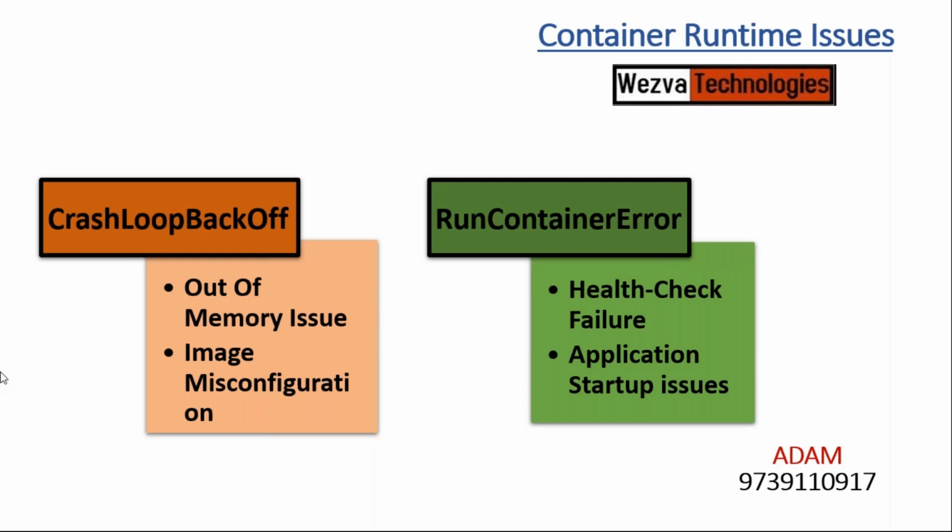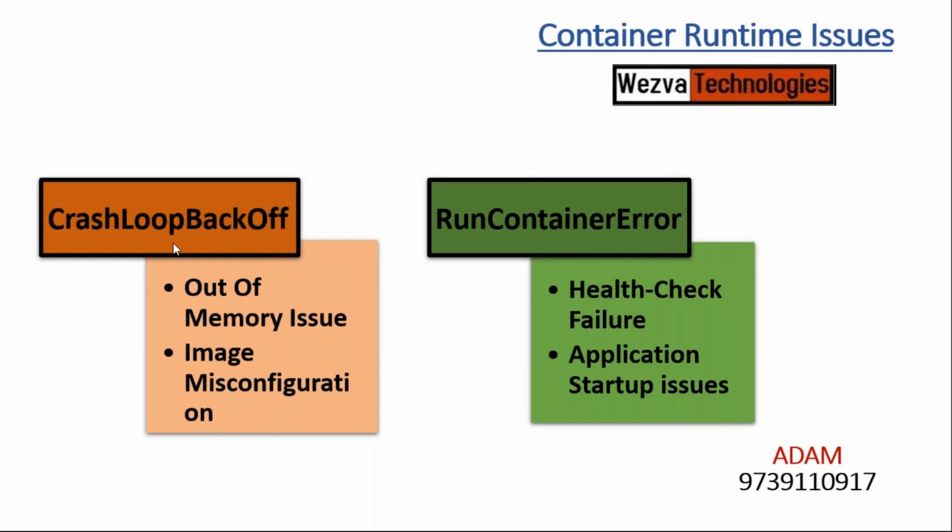So what do we mean by crash loop? The pod got assigned successfully on a machine, the image got downloaded successfully, the container got created successfully, but while running your startup command in the container, there is some issue.